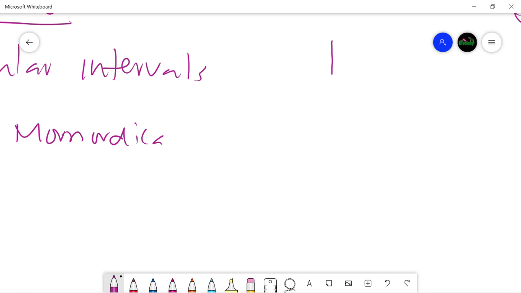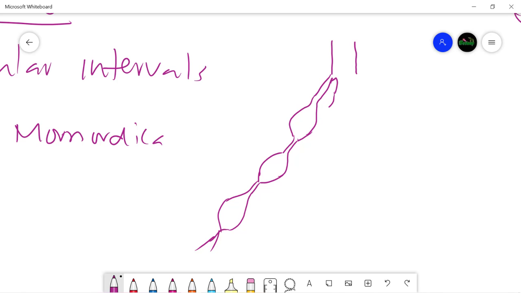So this is the stem and these are the roots. So you'll have to draw swellings at intervals. So swelling number 1 and then another swelling and so on. And then another branch.